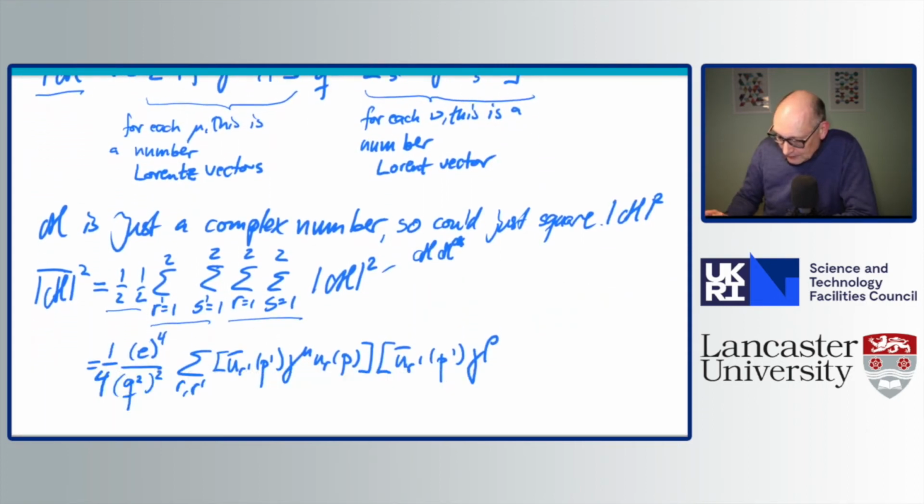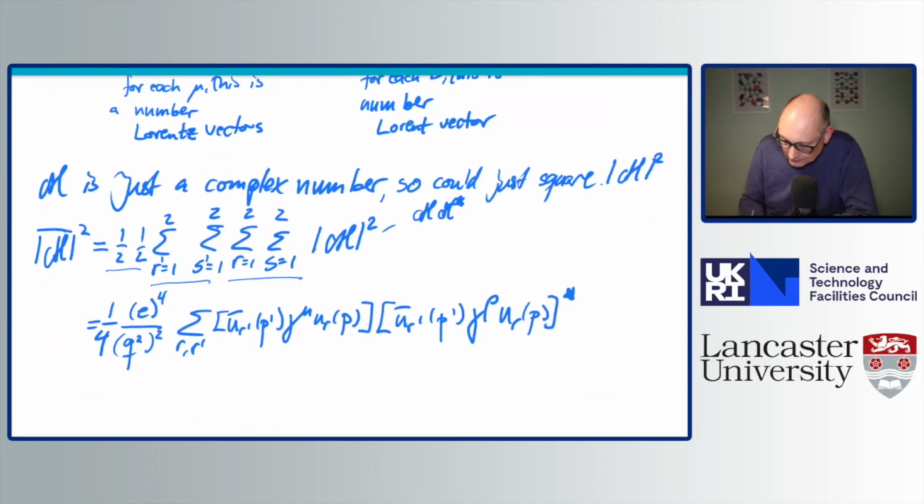So from the electron line, I didn't use nu, I used rho: u bar r prime of p prime gamma rho, u r of p, complex conjugated, and then we have a sum over the muon spins, which is the same thing, u bar s prime of k prime gamma mu. That was the thing that was connected with this contribution up here by the photon propagator.